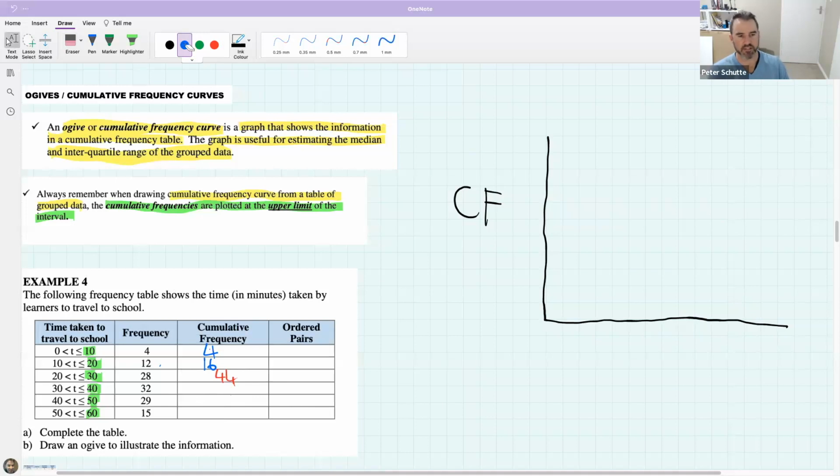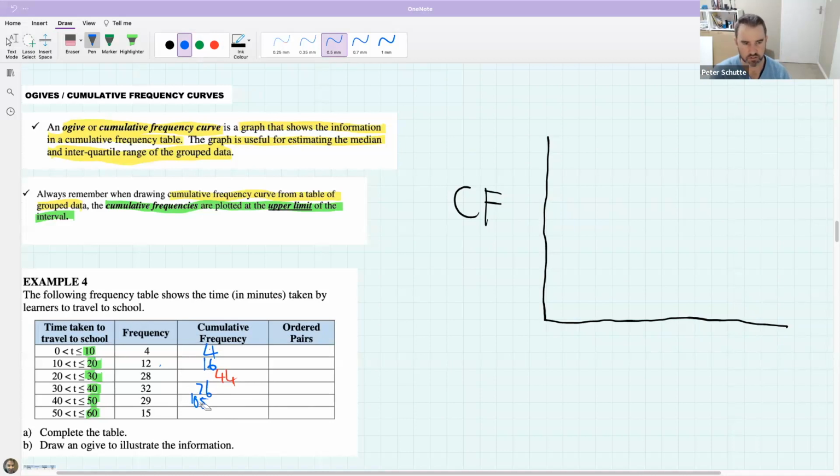What about B, C, and D? So 44 plus 32 is 76. 76 plus 29, what's that going to be? So that's going to be 96 plus 9 is 105.